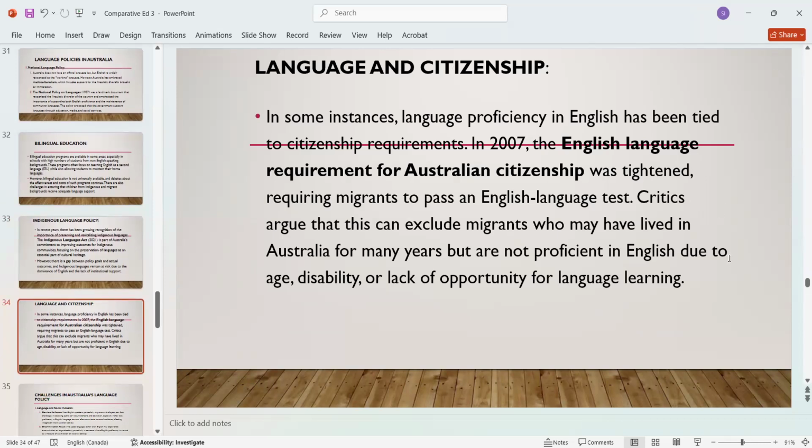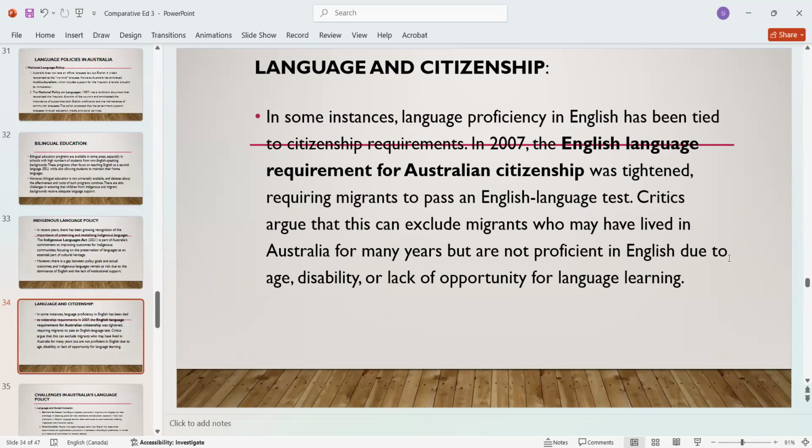In some instances, language proficiency in English has been tied to citizenship requirements. In 2007, the English language requirement for Australian citizenship was tightened, requiring migrants to pass an English language test. The IELTS test, right?